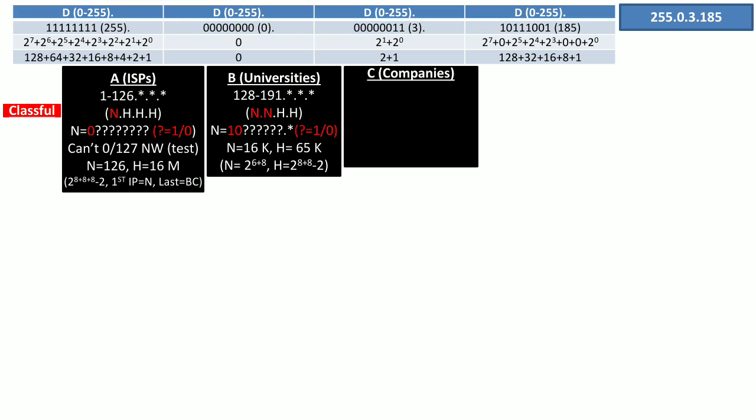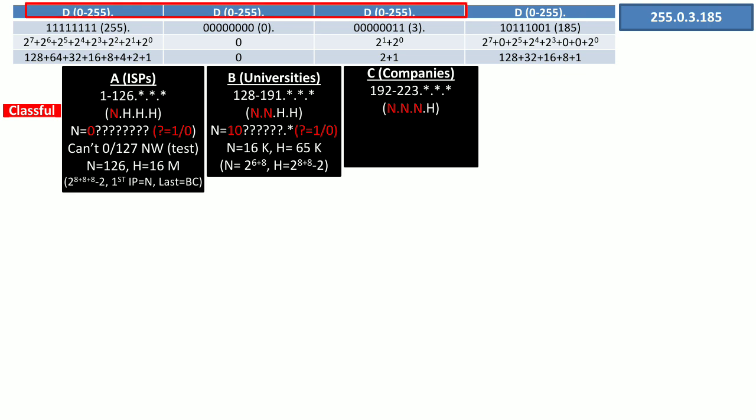Then the class C IP address is used by the smaller companies, and if you see a value in the first octet that ranges between 192 to 223, then it belongs to the class C IP address. In class C, the first three octets are used for network addressing, and the last octet is used for host addresses.